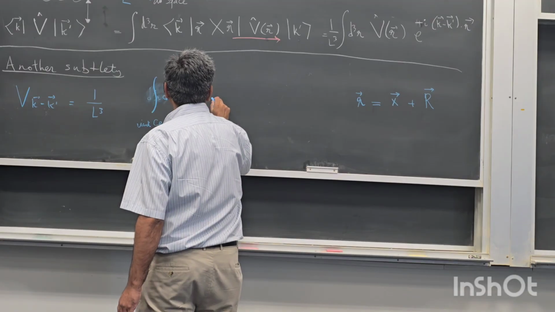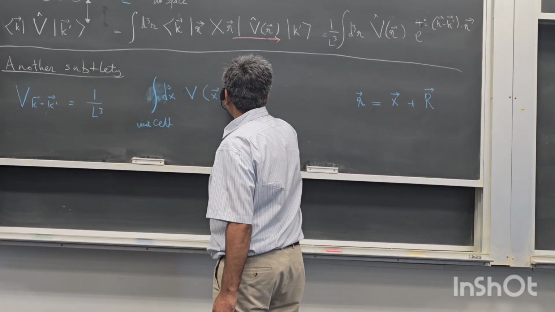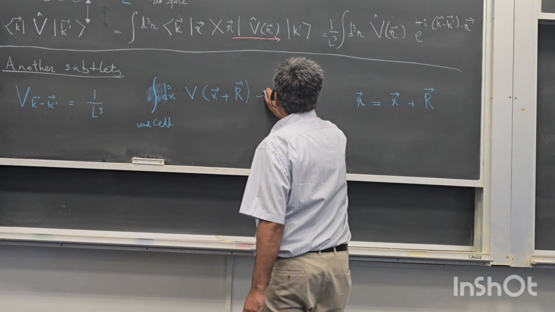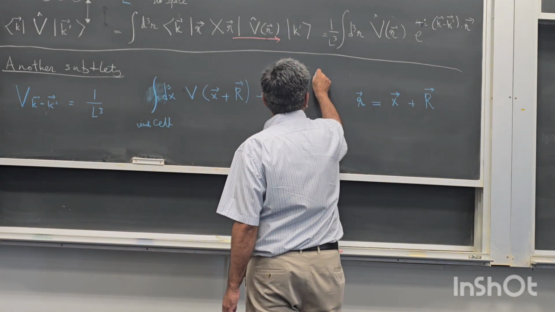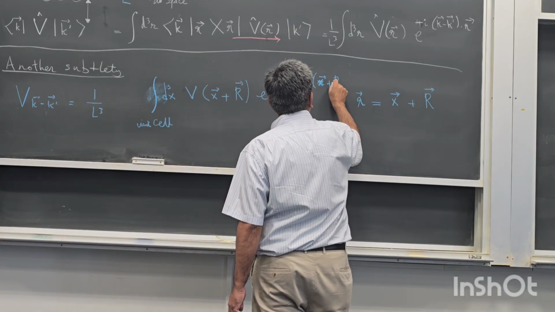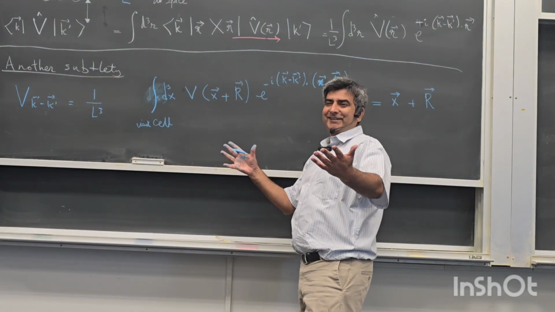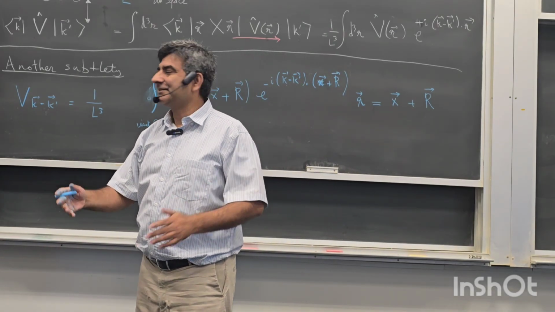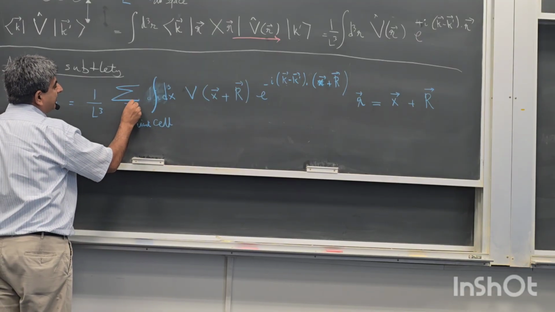V of r becomes V of x plus capital R, times e raised to the power minus i k minus k prime dotted with small x plus capital R. And I need to sum this up over all possible translation vectors, capital R.